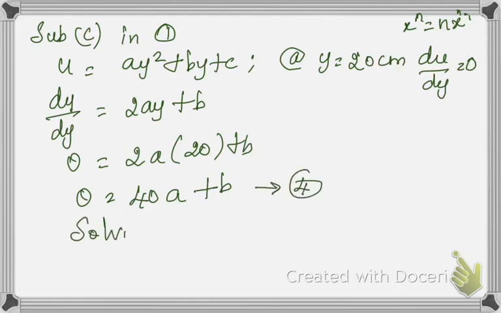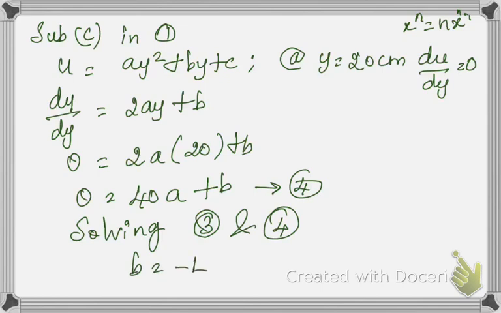Now you can solve 3 and 4. I will be getting b is equal to minus 40a. So keep this as equation number 5. Substitute equation number 5 in third equation.